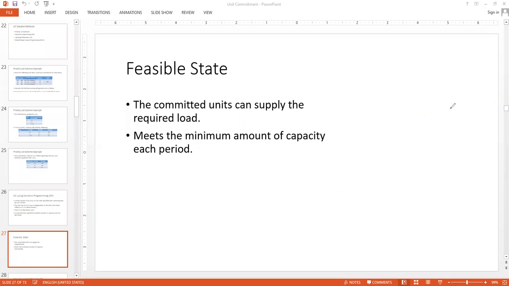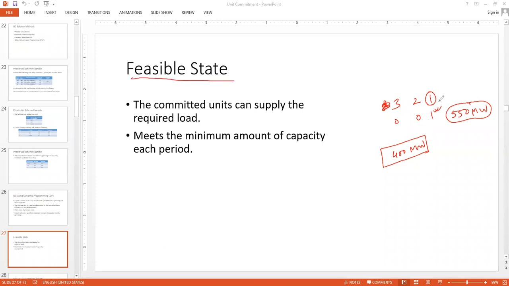So that means if the load demand is, let's say 550 megawatt, and if my unit combination is, let's say 3, 2, 1, and let's say I choose 0, 0, 1, that means unit number 1 is turned on, but the unit number 1 maximum capacity is 400 megawatt only. So if I run only unit number 1 to satisfy 550 megawatt at any interval, then it is not a feasible state.